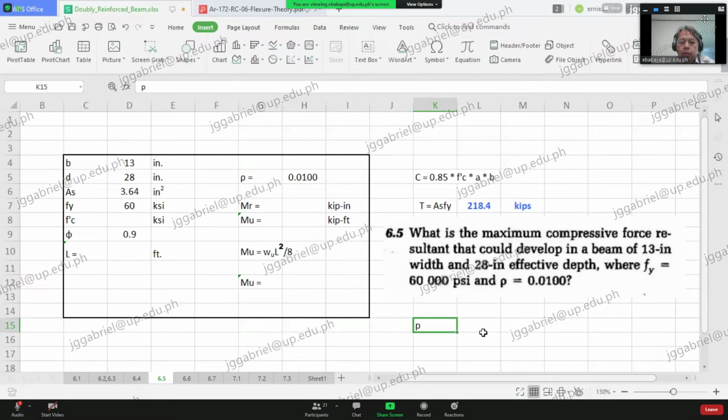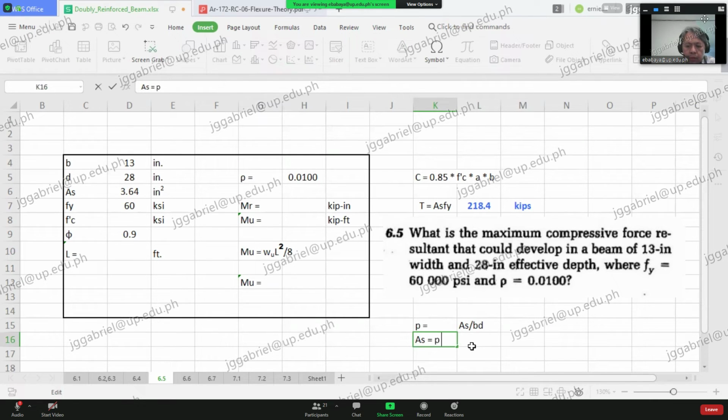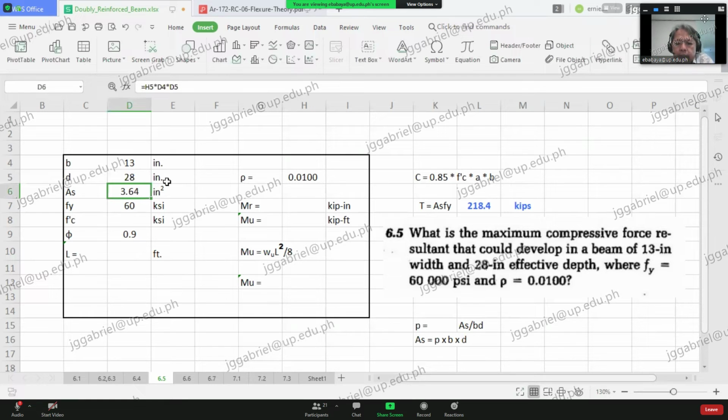Rho is equal to As divided by bd. Okay, so by cross multiplying, As is equal to rho times b times d. Okay, that's how we got this 3.64 square inches.